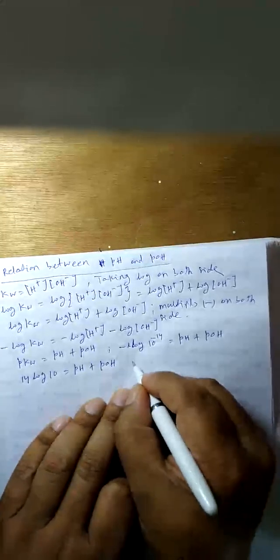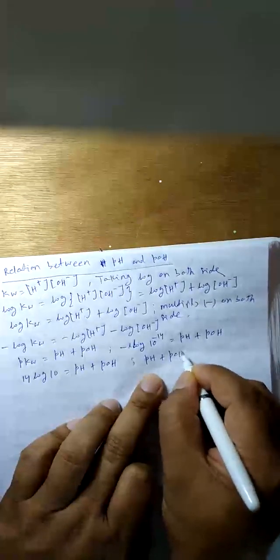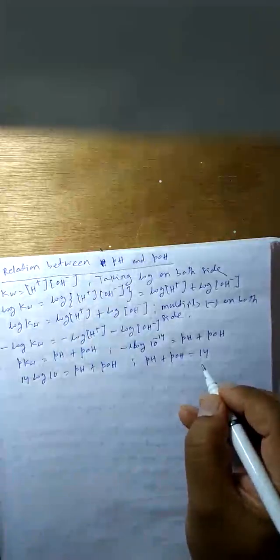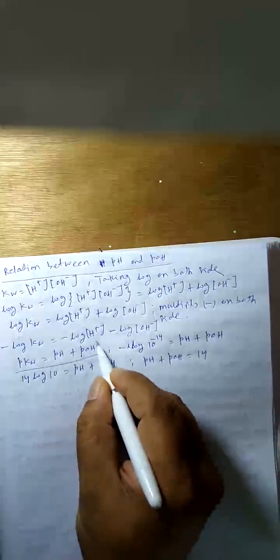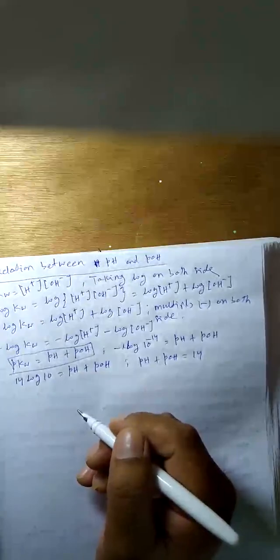Log 10 is 1, so pH plus pOH is equal to 14. We can also find out pH plus pOH is equal to 14, but this is the relation of pKw is equal to pH plus pOH. So this is the relation.